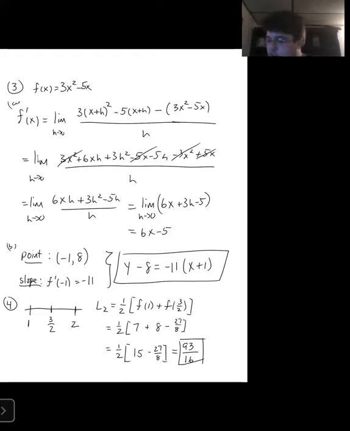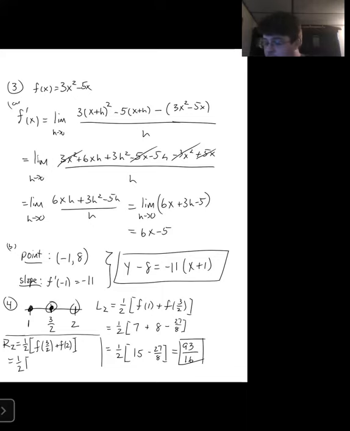You could have also done the right-hand approximation. I'm going to squeeze that on this page because it'll fit since f of 2 is 0. The left-hand approximation, remember, uses those points. The right-hand approximation uses those points. So here, R2 is a half times f of 3/2 plus f of 2, which is what?